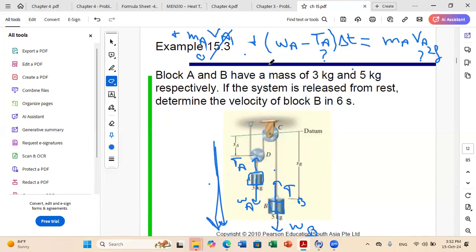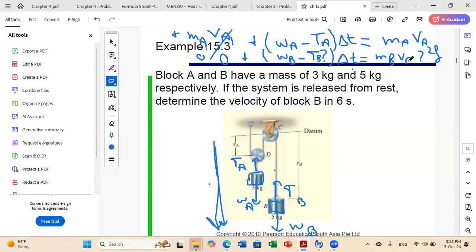So my new equation will be also 0, because initially starting from rest, plus WB minus TB delta T equals MB times VB2 final.